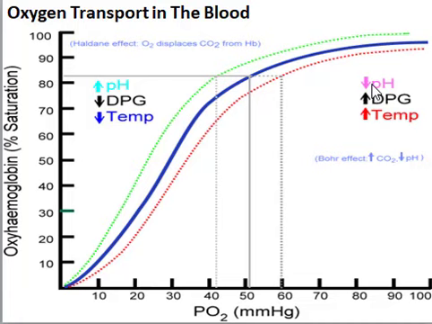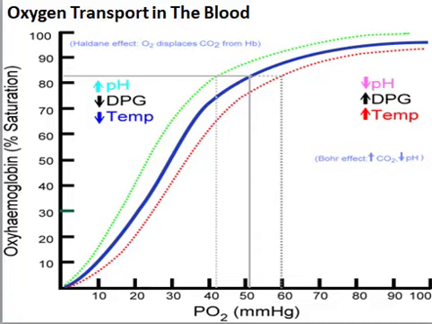Why does the curve shift to the right with decreasing pH? Because active tissue consumes more energy, with more production of CO2, will produce more acid, and this will cause a decrease in pH. So with decreasing pH and increasing acidity, the hemoglobin will give more oxygen to this area.